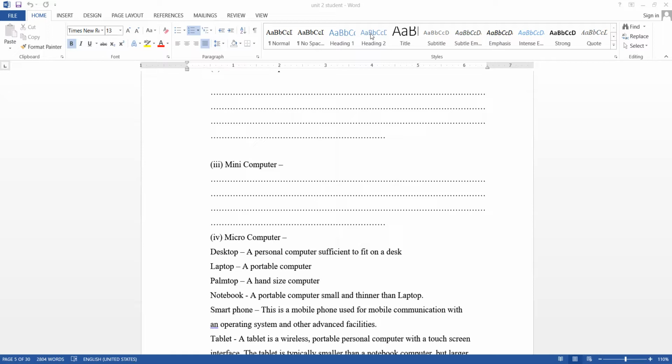Operating businesses and scientific applications.